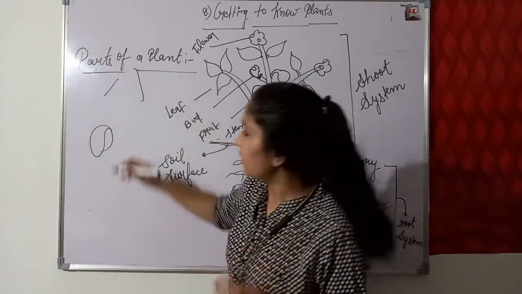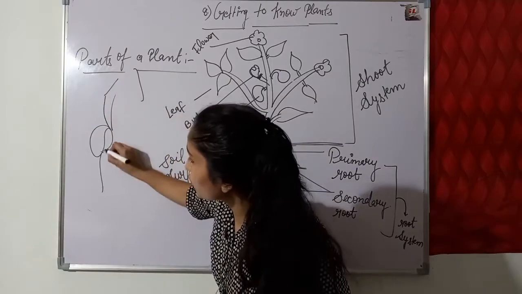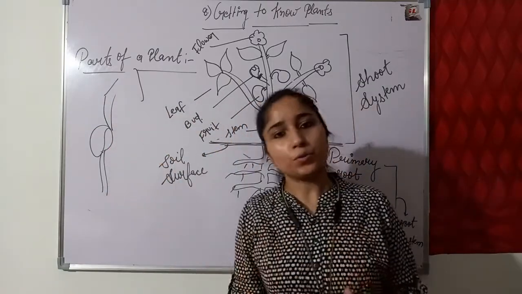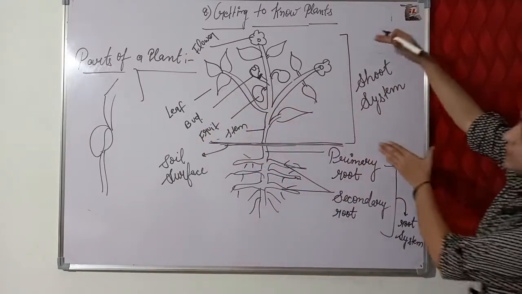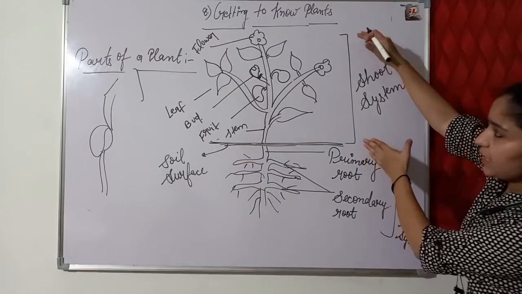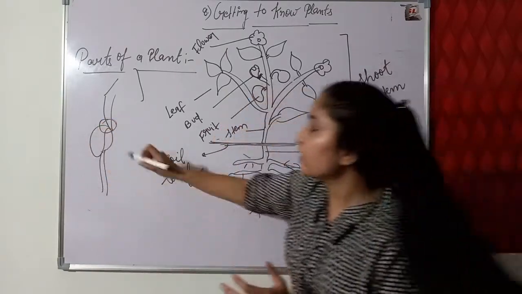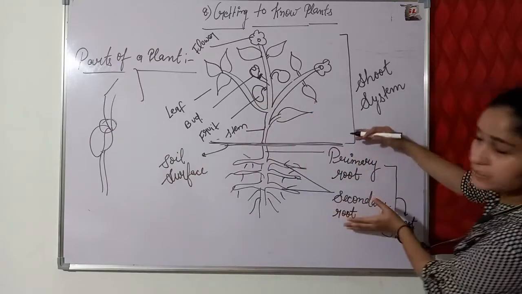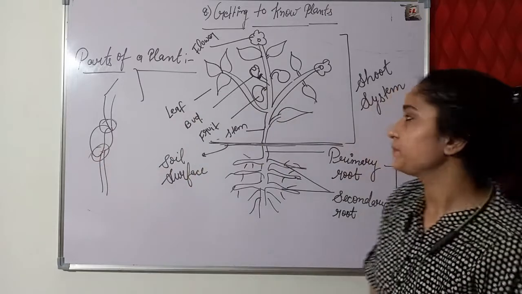The upper part of the seed forms the shoot system, and the lower part of the seed forms the root system. Here this part is the shoot system, formed from the upper side of the seed, and this is the root system that is formed from the lower part of the seed.